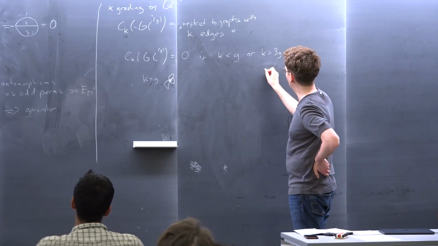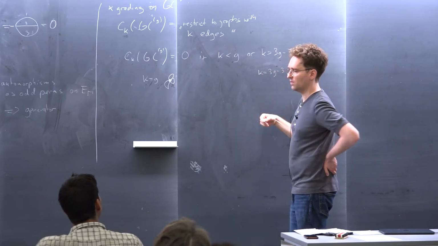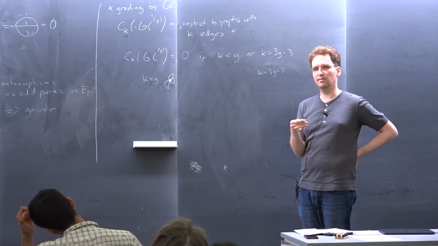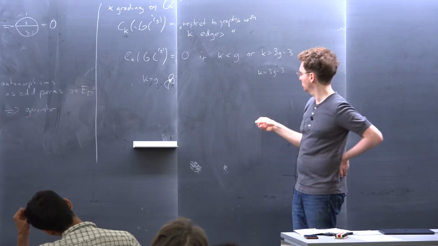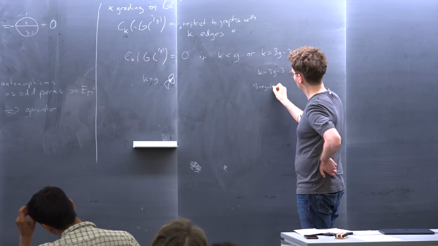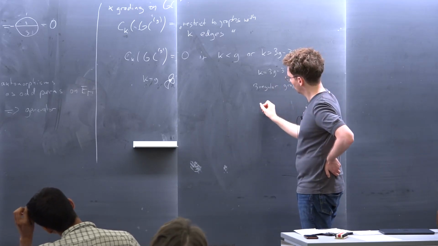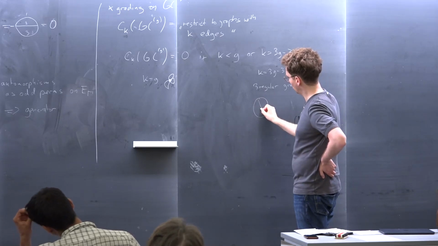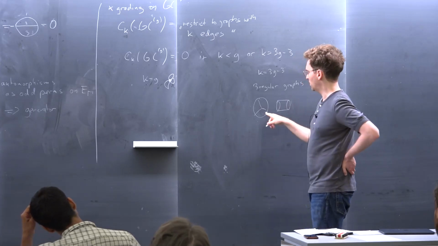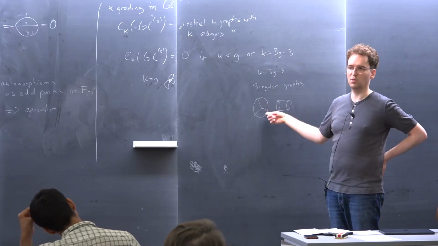So here the saturation comes from graphs that have the most edges for a given genus or rank g, and these are 3-regular graphs. So for instance, we have this graph here that saturates, that has the largest number of edges.